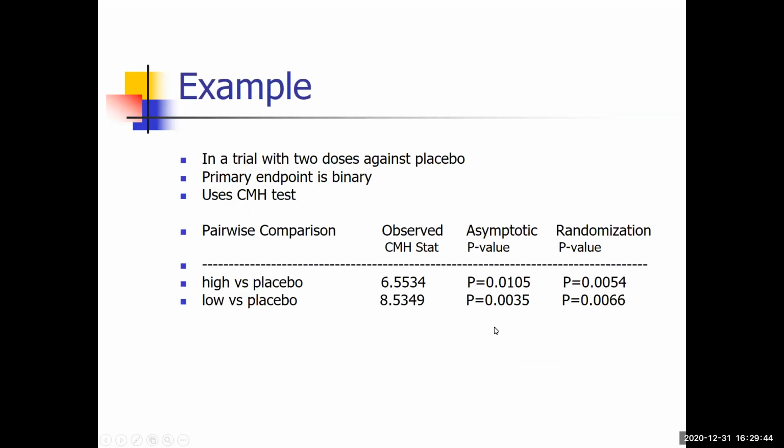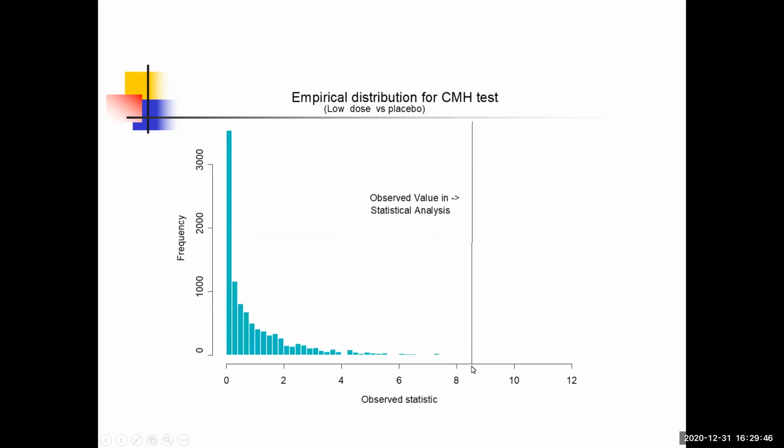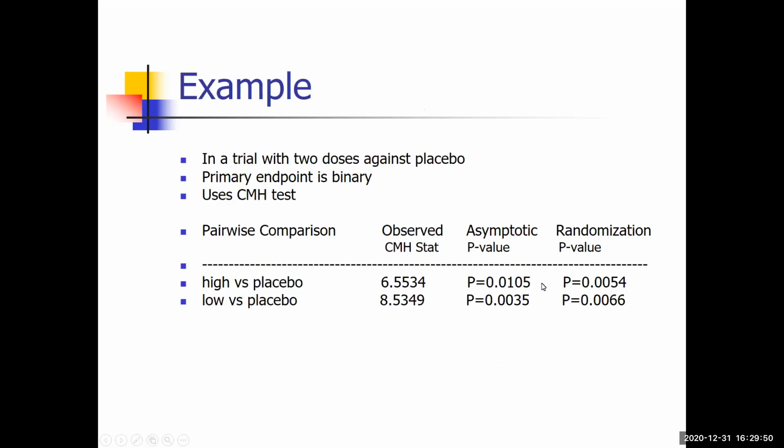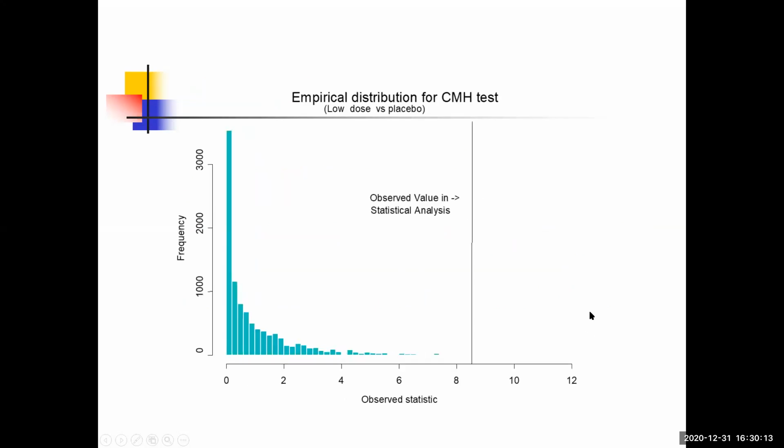And for the low dose, we look at this cut and got a p-value of 0.0066. So that's an example of how you apply minimization in a real-world situation. You not only get the observed chi-square and can perform the traditional table lookup to get your p-value, but you can also do a permutation test and get another set of p-values.